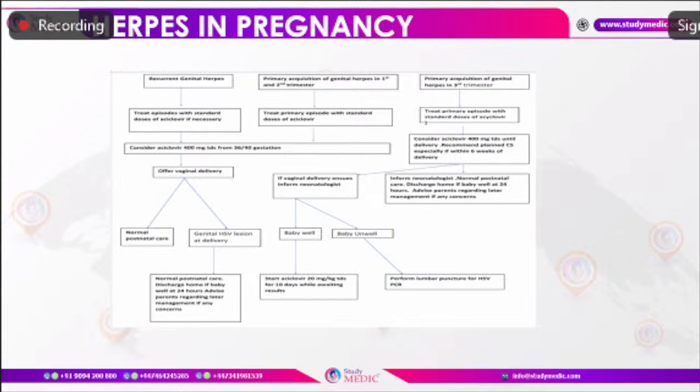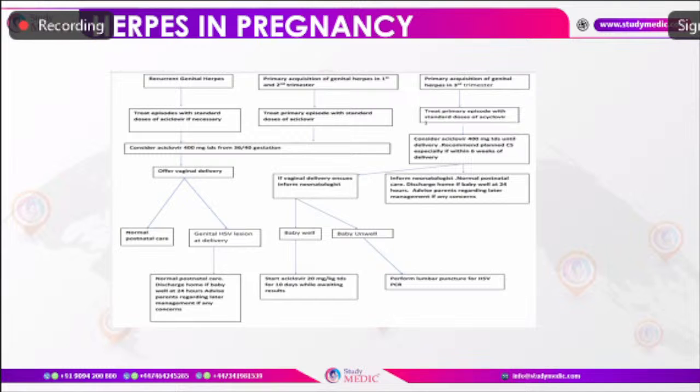For recurrent genital herpes, we treat the episodes only if necessary with a standard dose of acyclovir, and we consider acyclovir 400 mg TDS from 36 weeks of gestation. If the primary herpes has occurred in the third trimester, we consider acyclovir 400 mg TDS till delivery, and you have to recommend a planned cesarean section, especially if the episode is within the last 6 weeks of delivery.